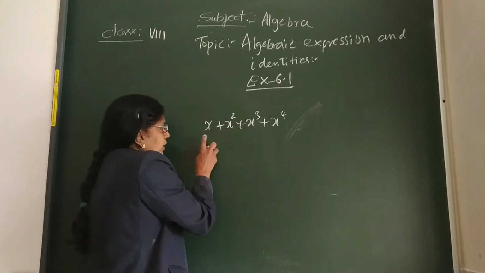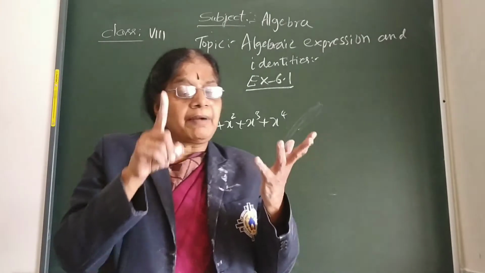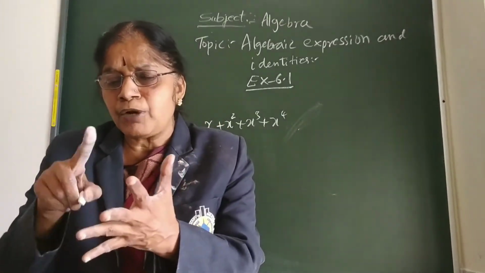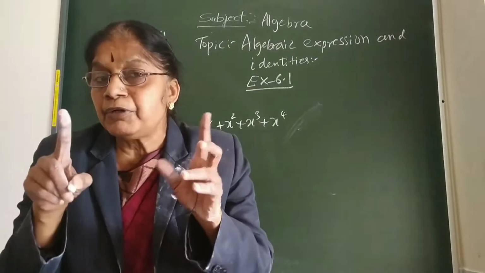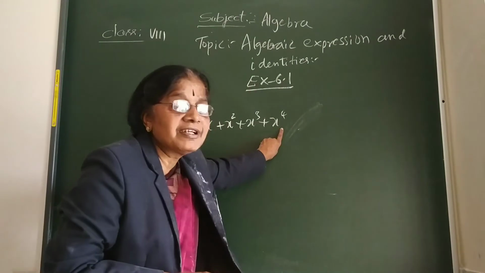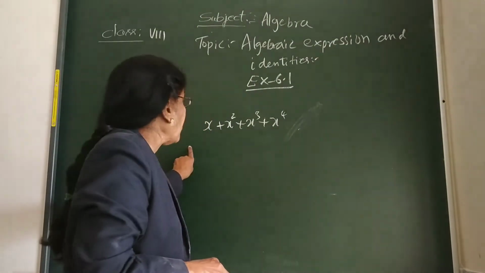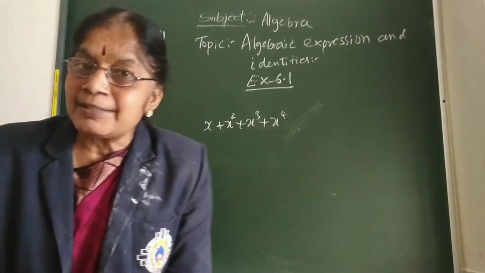Now look here, all the variables are same. It becomes a binomial or trinomial when the variables are different and a plus or minus sign comes in between them. Here the variables are the same, the powers are different, so this cannot be called a polynomial.